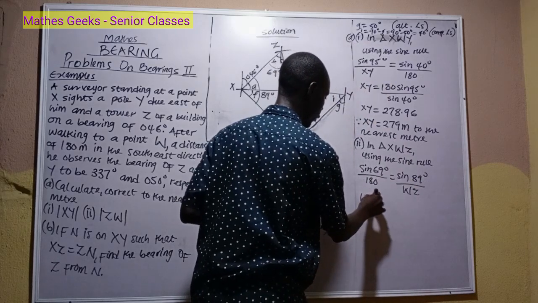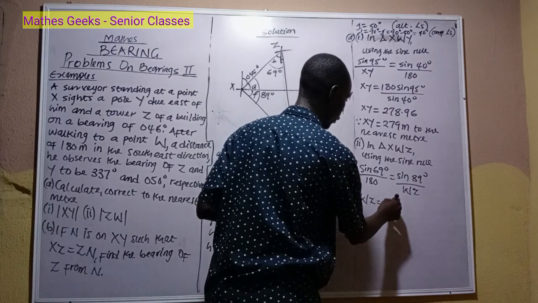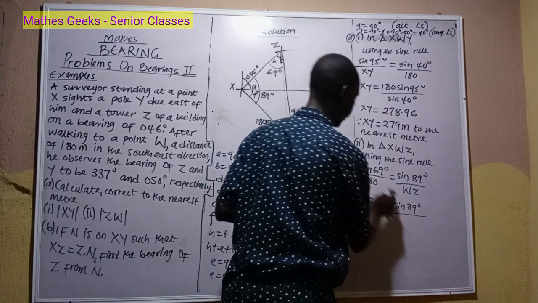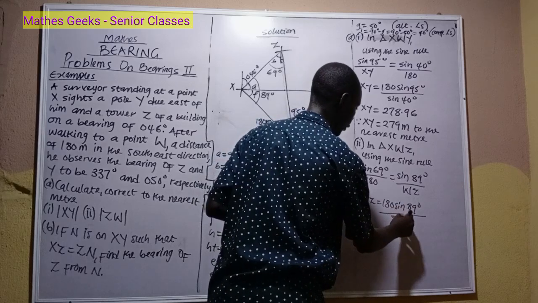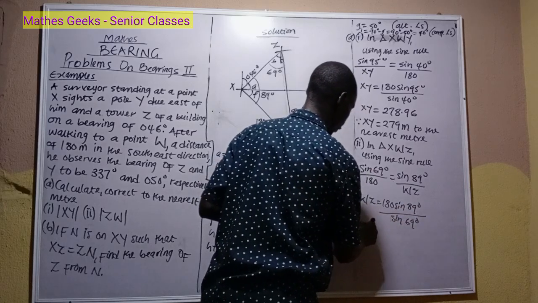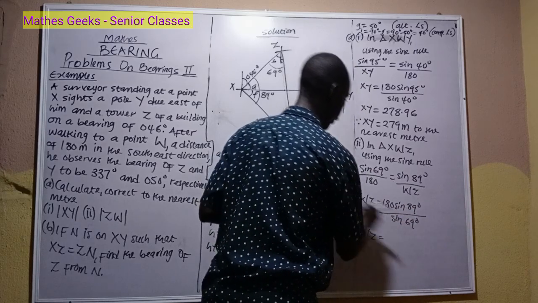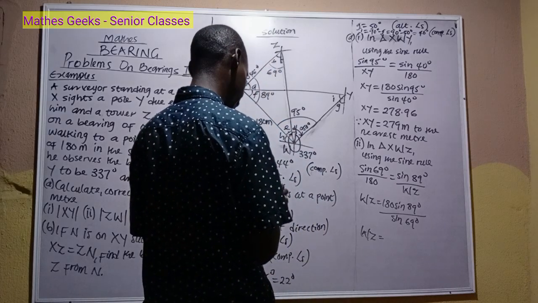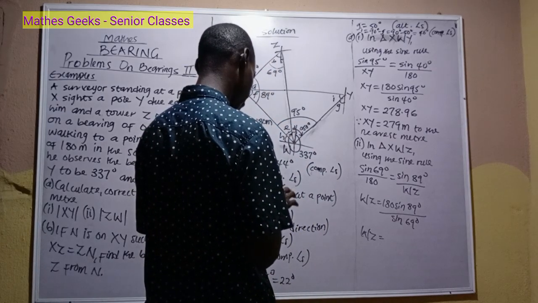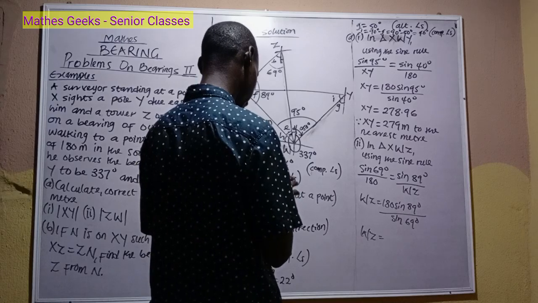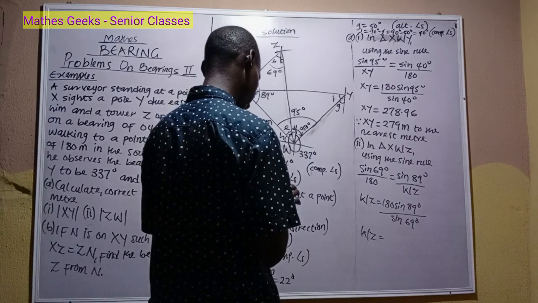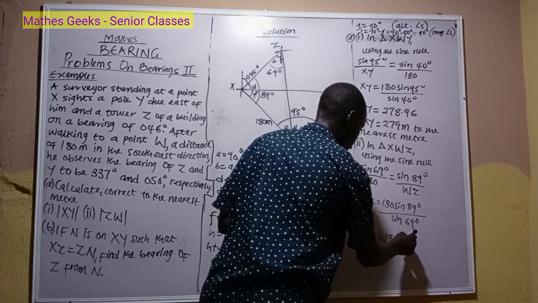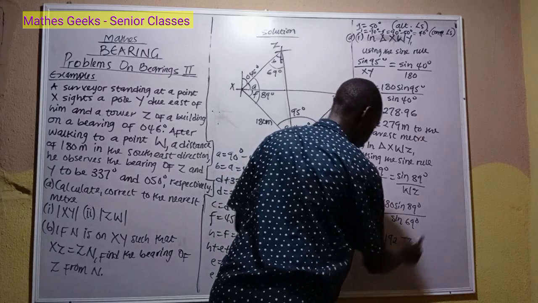So WC is equal to 180 sine 89 degrees over sine 69 degrees. So WZ is equal to 180 sine 89 divided by sine 69, 192.777.